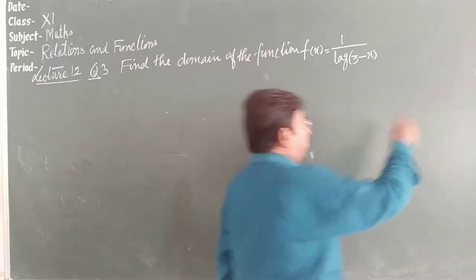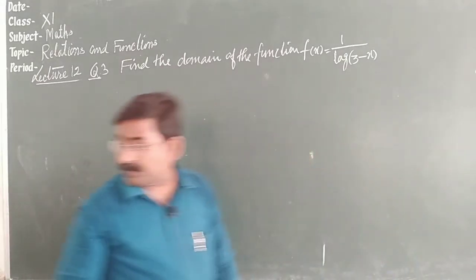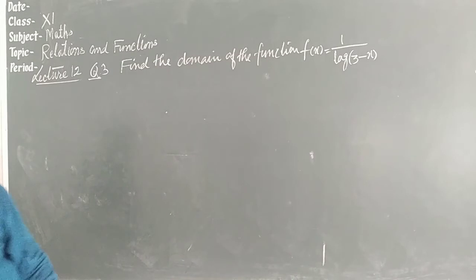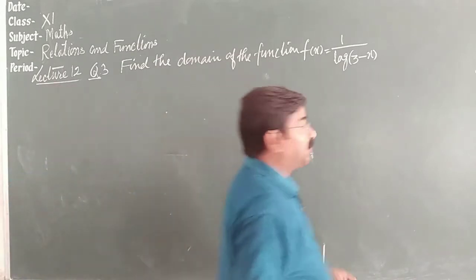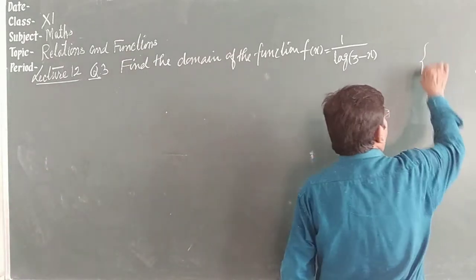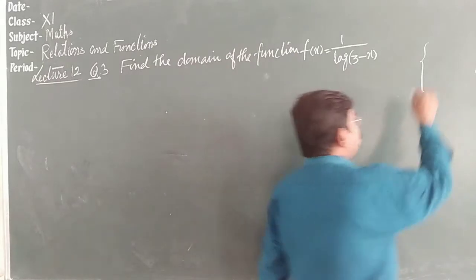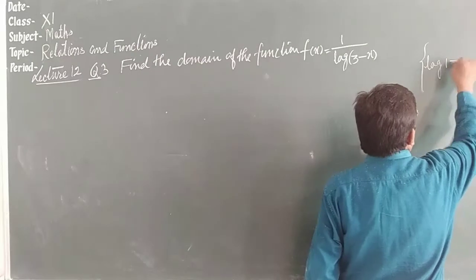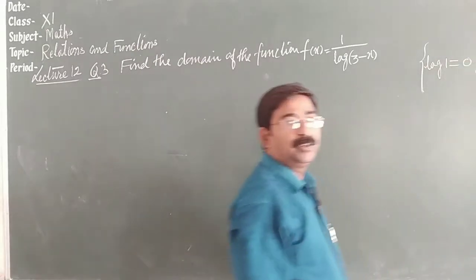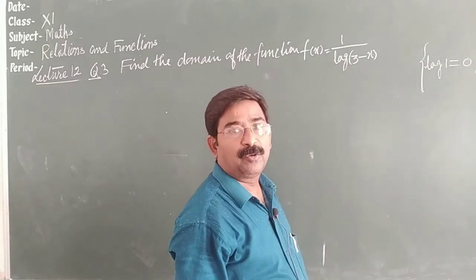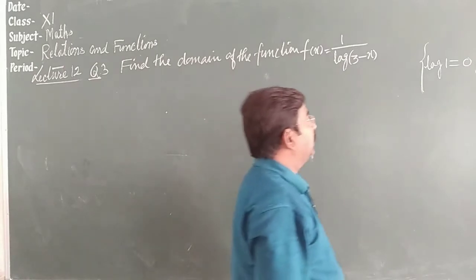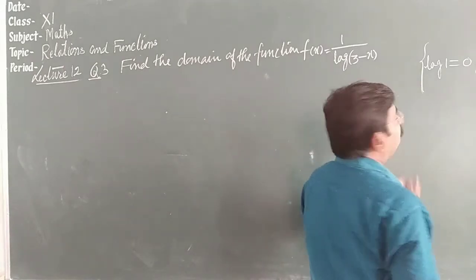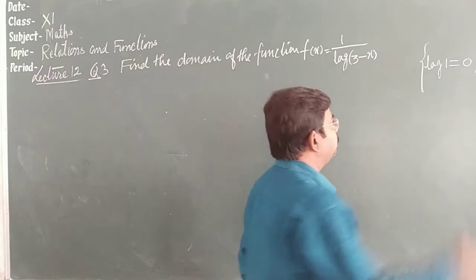In case of logarithm function, I am giving the idea here. Log 1 is equal to 0. I think you don't know. Log 1 is equal to 0, and log 10 is equal to 1.